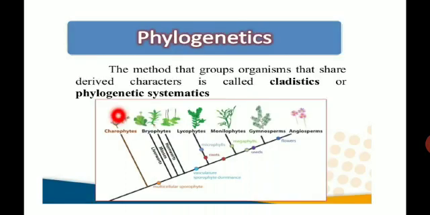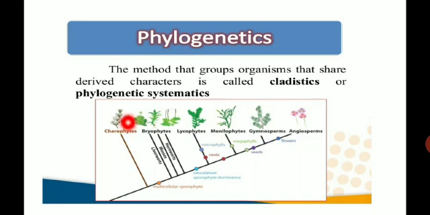The plants were classified based on morphology before the advancement of the microscope. Before the advancement of the microscope, plants were classified based only on morphologic characters, which helped in the inclusion of microscopic features.